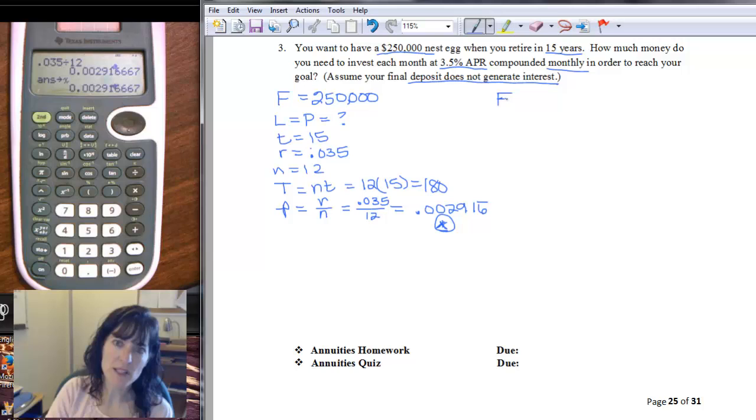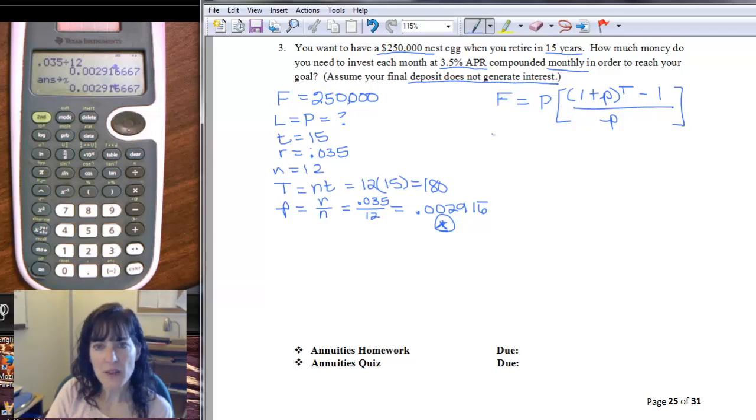Okay, so let's fill out the formula. The formula is F equals L, which in this case is just going to be P, little 1 plus little p raised to the capital T minus 1 all over little p. And then I want to do big P. Oh wait, I have the big F this time, so I'll have to put that on.